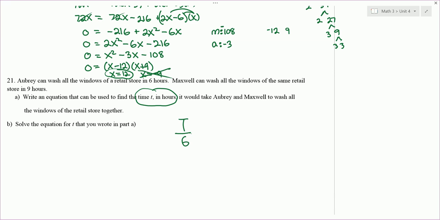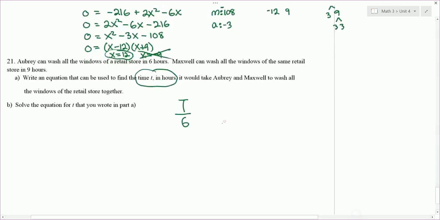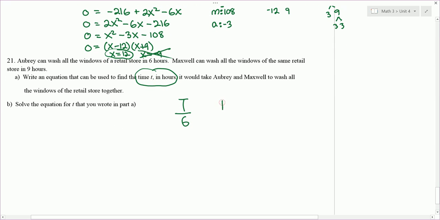Now, Maxwell is also working the same amount of time. So he's working T hours, but he's working at a different rate. It's taking him 9 hours to complete the whole job. So the fraction of completion is going to be T over 9 for him. And they're working together, so I'm going to add these two.